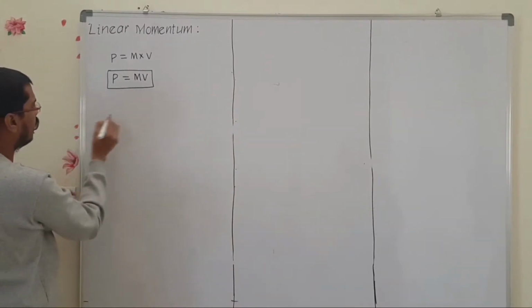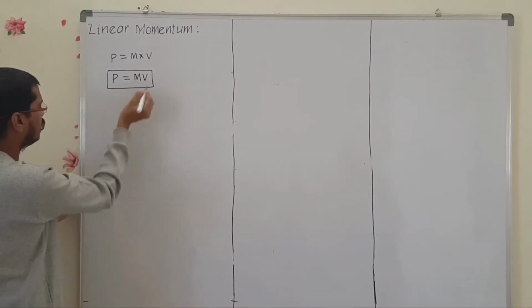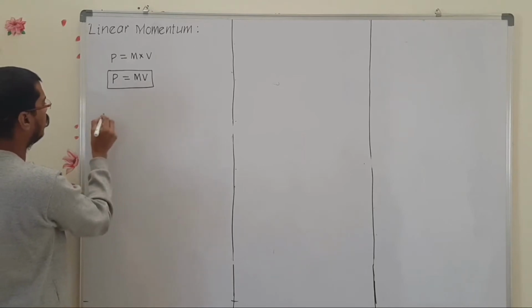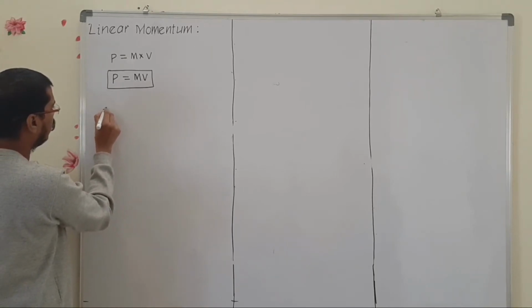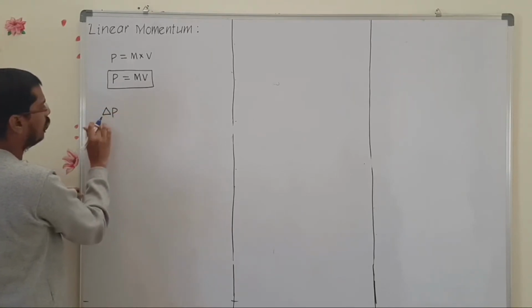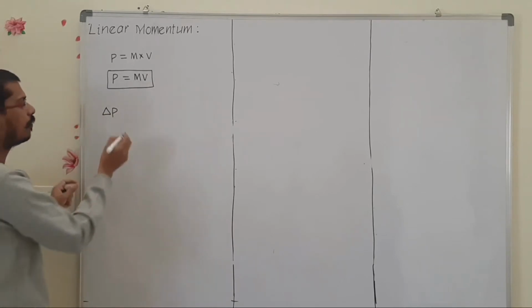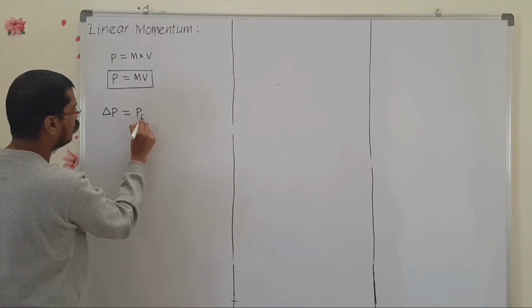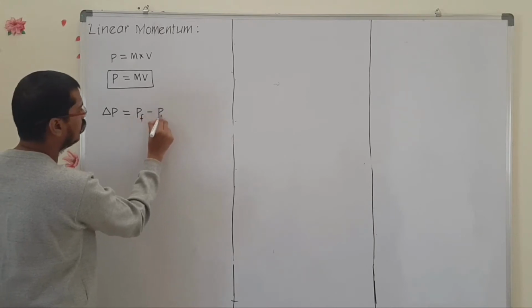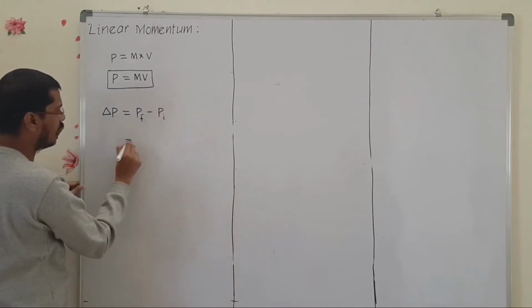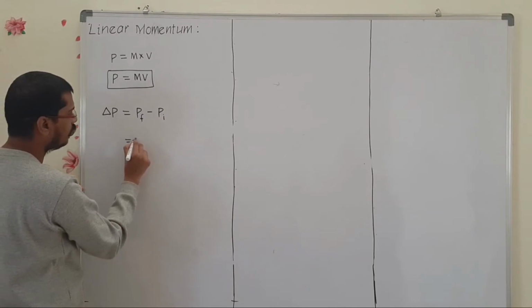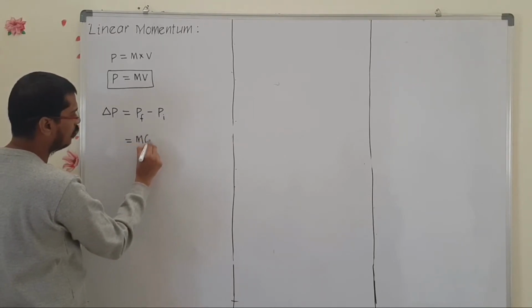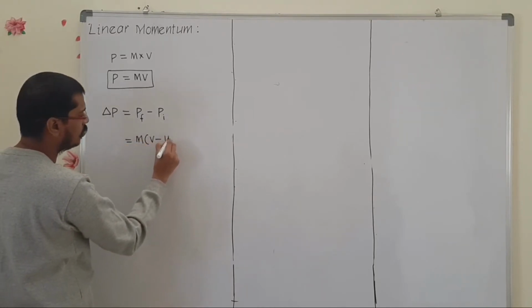In different cases, how can we find the linear momentum? If you want to find the change in momentum, we can write delta P as the change in momentum. The change in momentum is the final momentum minus initial momentum, so m into v minus u.